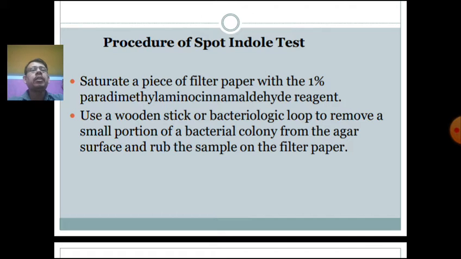Procedure for the spot indole test. Saturate a piece of filter paper with 1% para-dimethylaminocinnamaldehyde reagent. Use a wooden stick or bacteriological loop to remove a small portion of the bacterial colony from the agar surface and rub the sample on the filter paper.